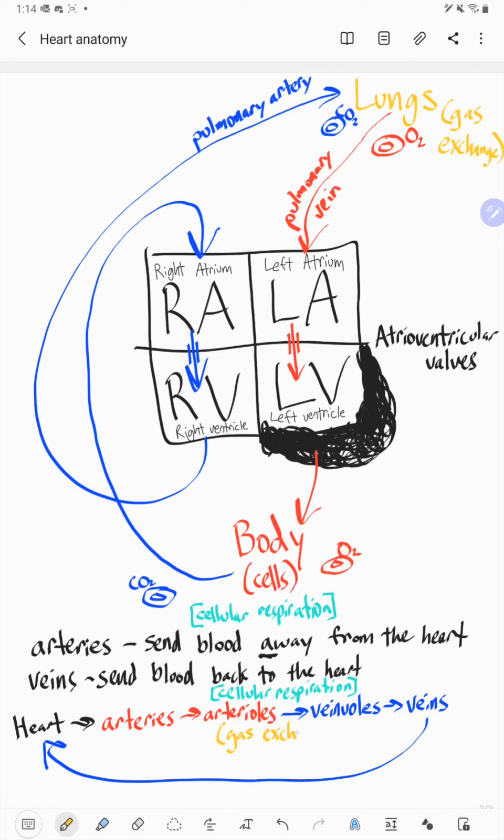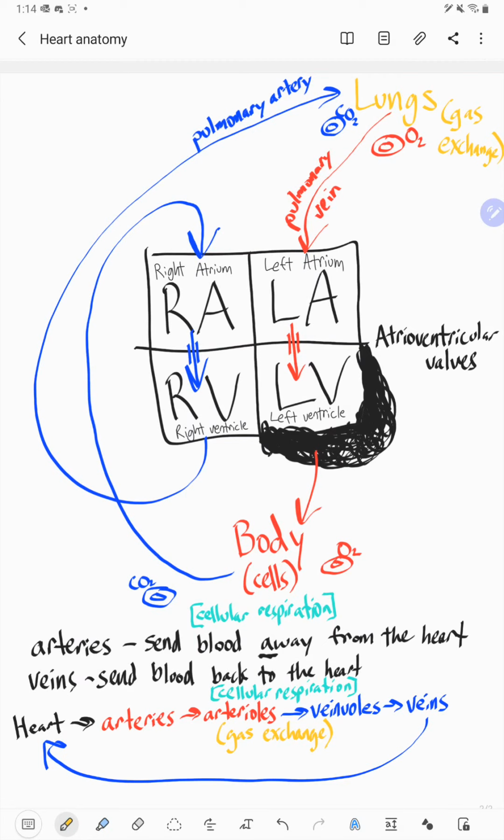So those oxygen molecules, the O2 molecules, leave the red blood cells, and the CO2 molecules hop onto the red blood cells to travel back to the heart and then to the lungs to be replaced with oxygen again.